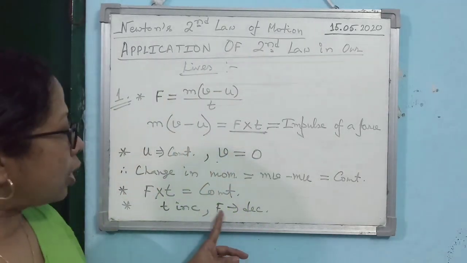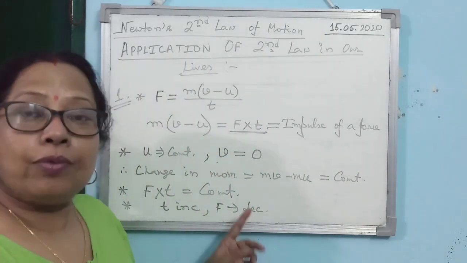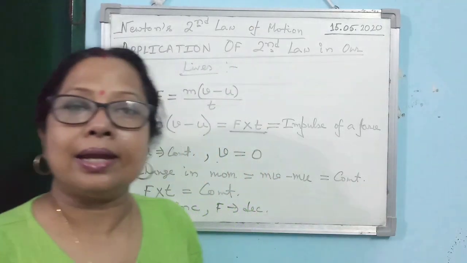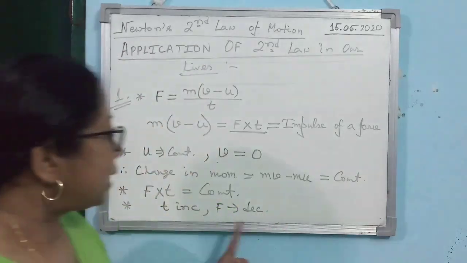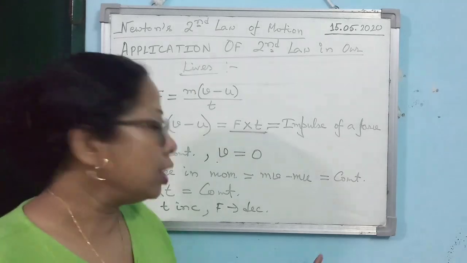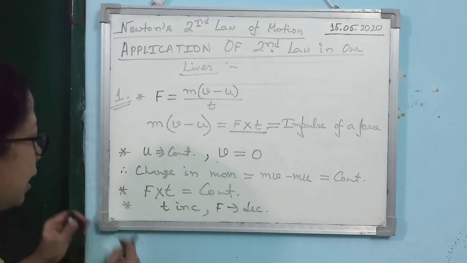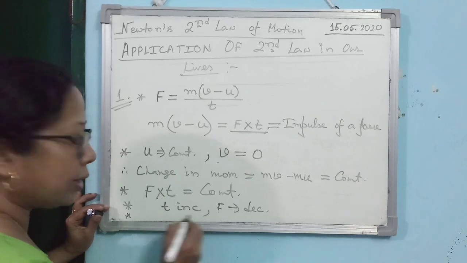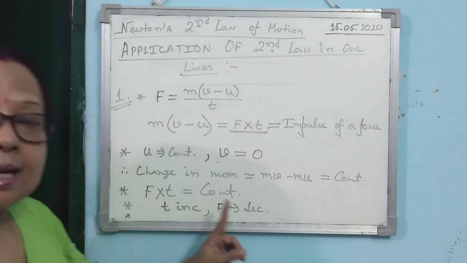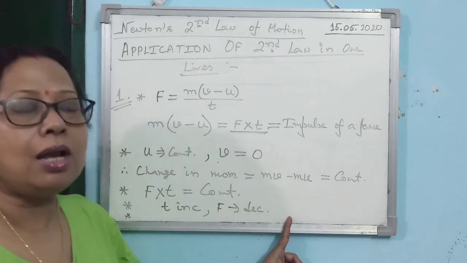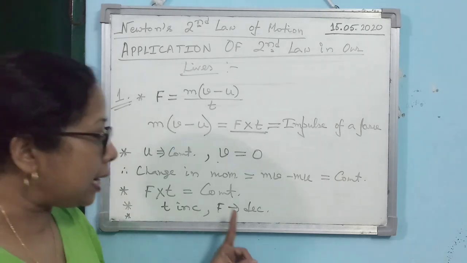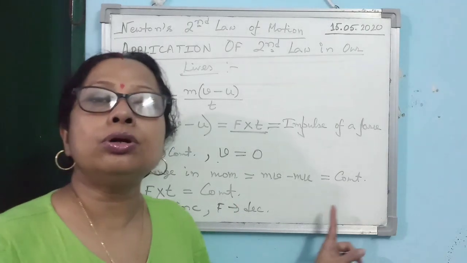So when force decreases, what does it mean? When the cricketer is taking the catch, then to stop the ball, the cricketer is applying less force on the ball. Next point, you write it down: therefore, the cricketer applies less force on the ball to catch it.